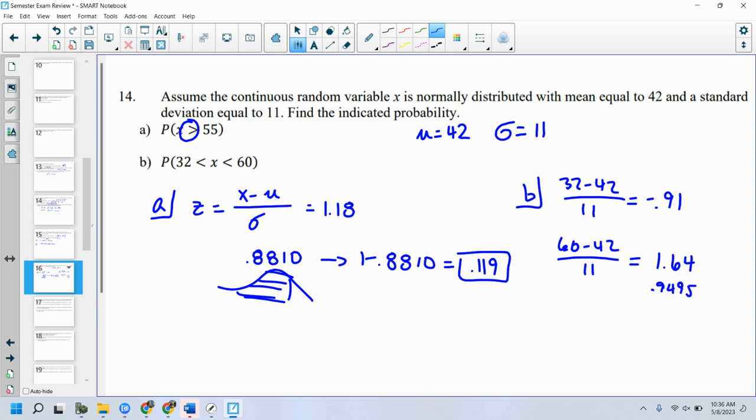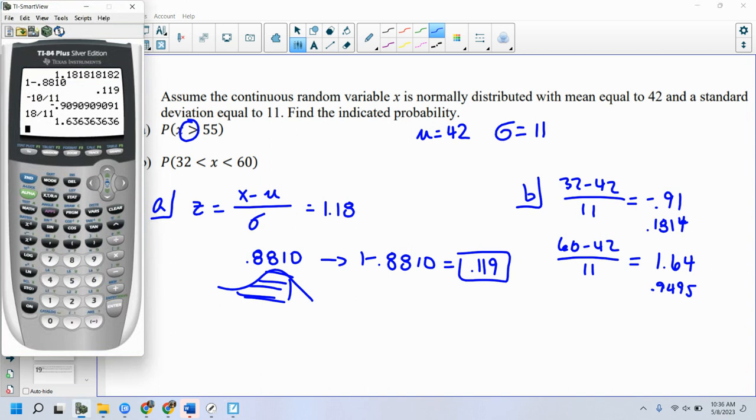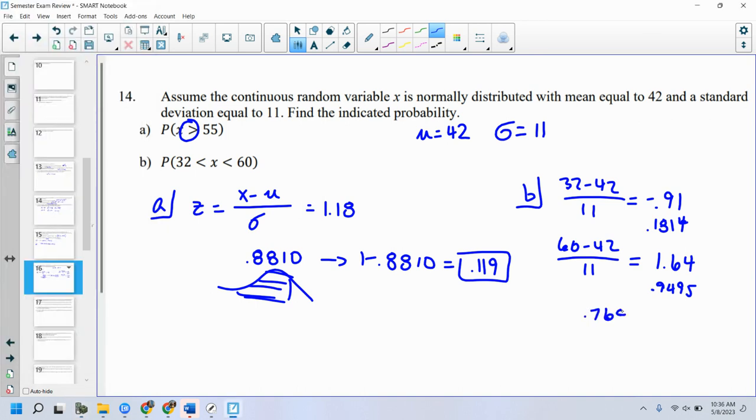Negative 0.91 gives 0.1814. Take bigger minus smaller: 0.9495 minus 0.1814 gets me 0.768. So we know there's a 76.8% chance of landing in the 32 to 60.